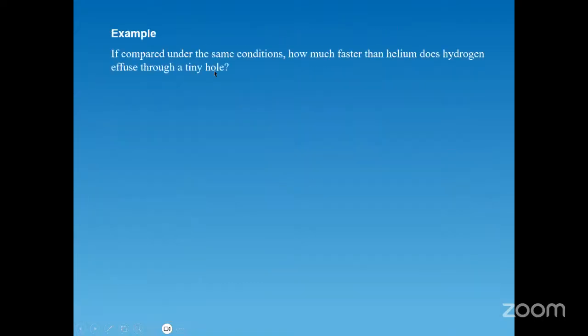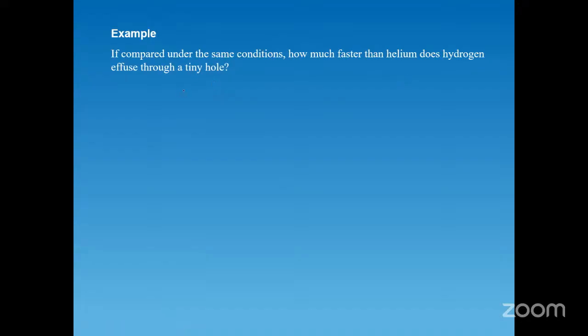So that's basically Graham's law of effusion. And I think I have an example here where it says, if compared under the same conditions, how much faster than helium does hydrogen diffuse through a tiny hole, right? So basically what you're doing is comparing the rates of diffusion of helium to that of hydrogen.